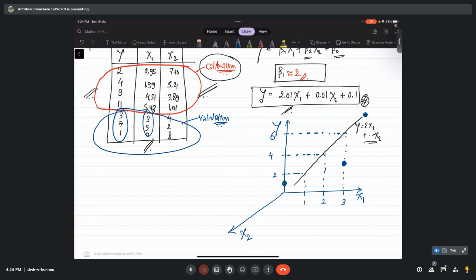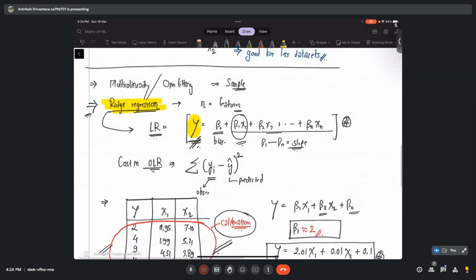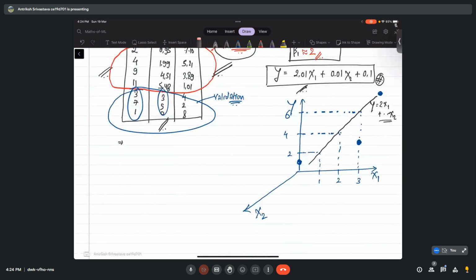So this is going to give a high error when it comes to the validation points. So to avoid that, we use ridge regression. What it does is it gives a error.